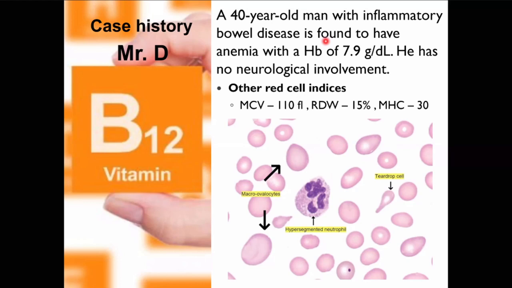So this patient comes with anemia. Hemoglobin is 7.9 and he has a macrocytosis, right? So you do the blood picture, you see macrocytes and different shapes of cells, and you see hypersegmented neutrophils. So what's the diagnosis?